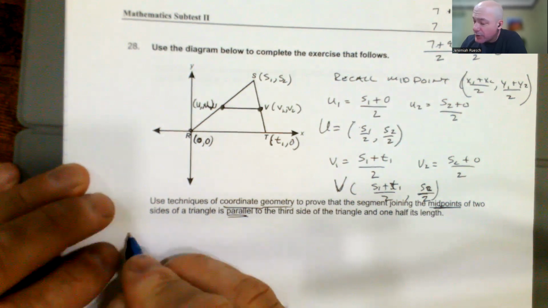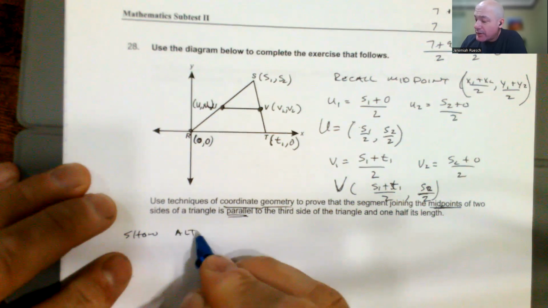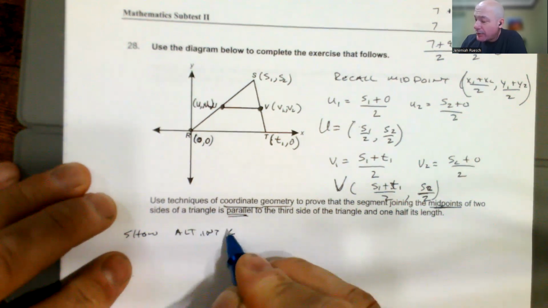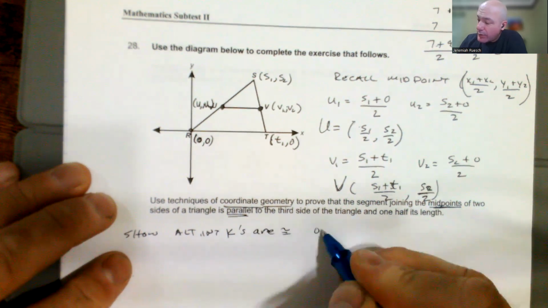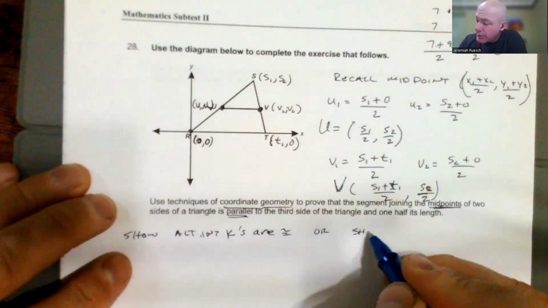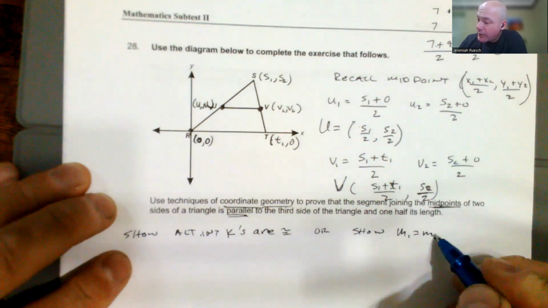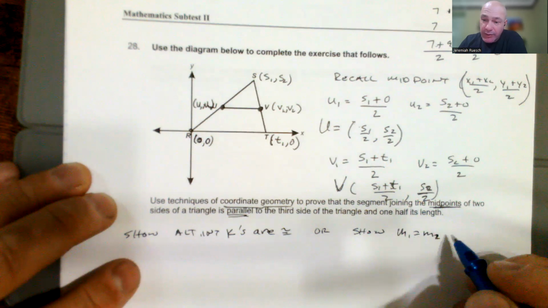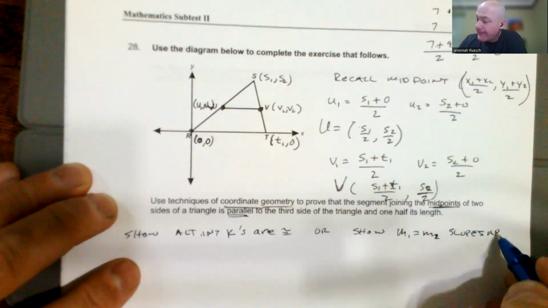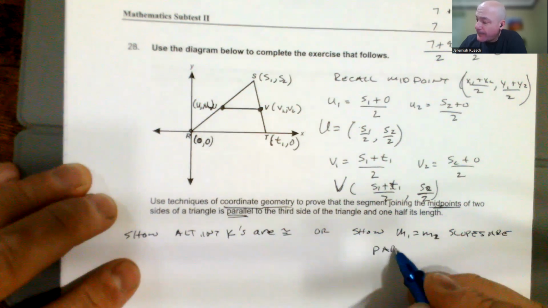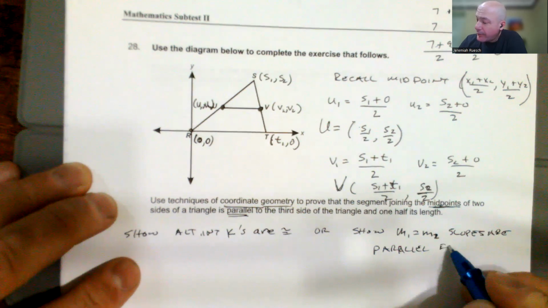The two most common ways are to show something like alternate interior angles are congruent, or to show M1 equals M2. In other words, show that the slopes are equal for the two lines.